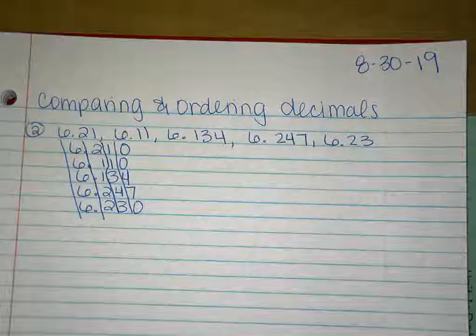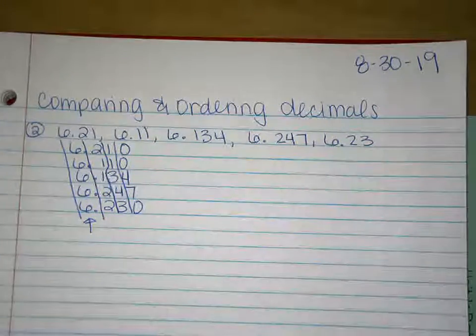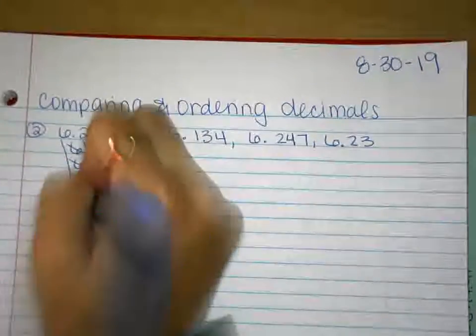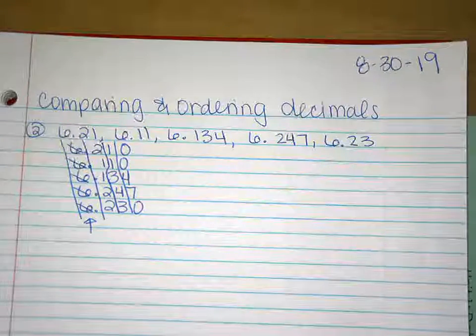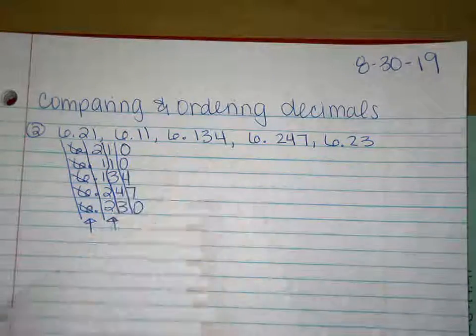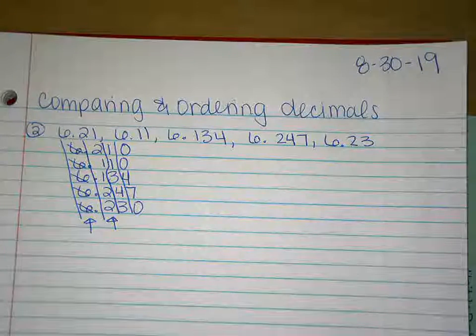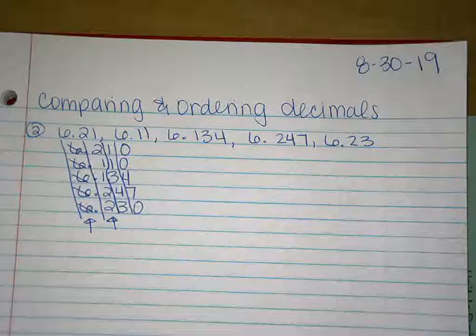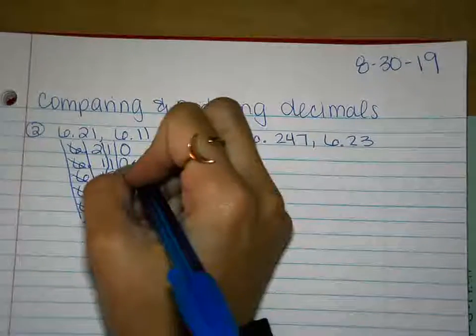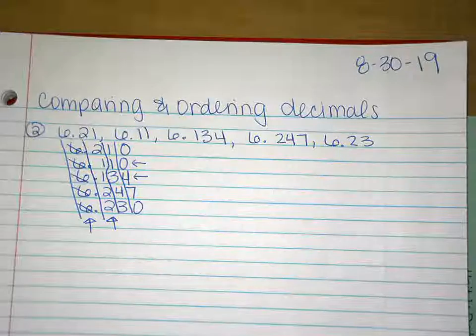And now I start comparing from left to right. I look at the 6's. They're all the same. So I cannot compare any of those because they're all the same. I then look at my second column. I want the smallest number. Well, I have 2 1's and 3 2's. 1 is the smallest number, so I need to look at these 2 lines first.